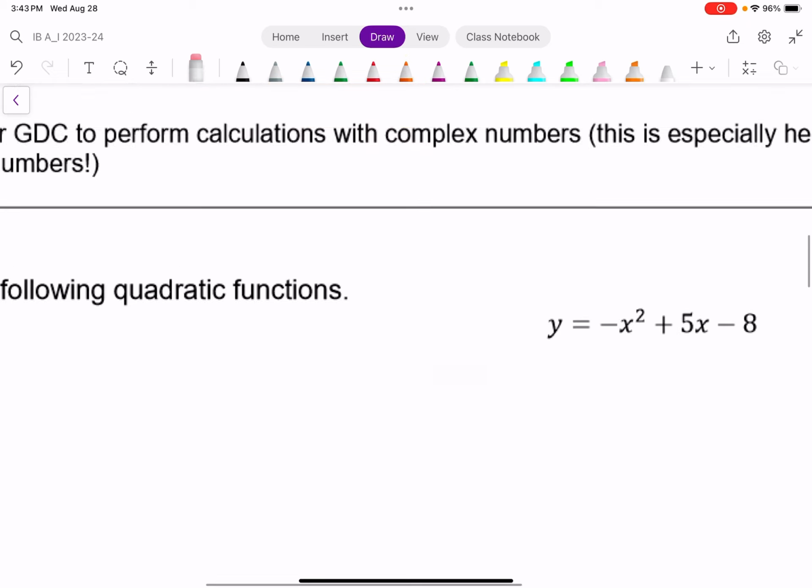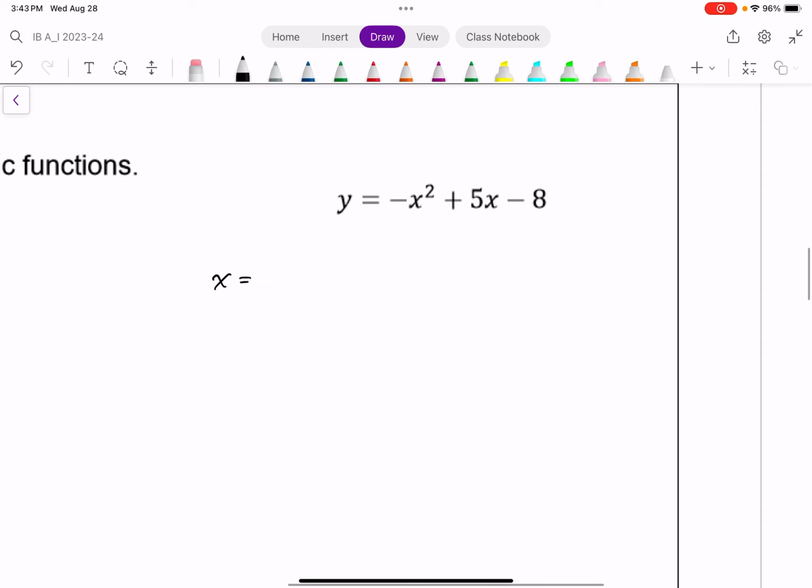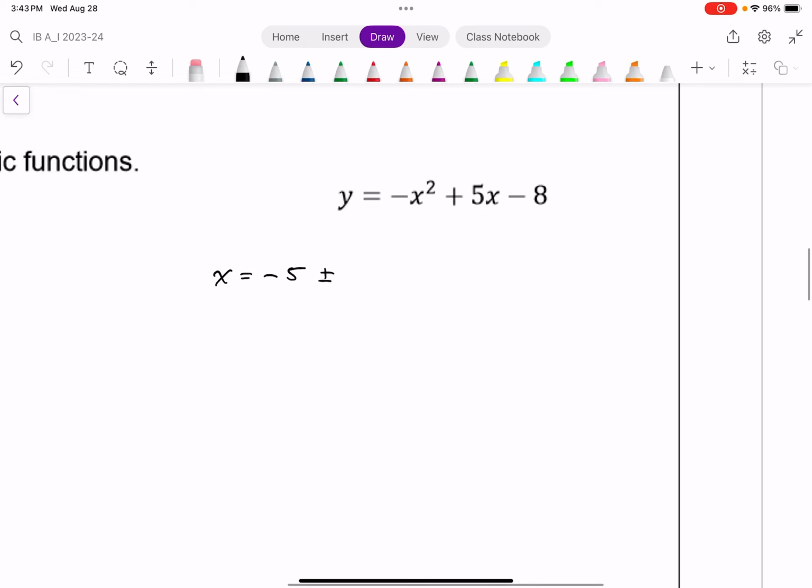All right, and so looking at this here, same idea, go to the quadratic formula, minus b, so -5, plus or minus the square root of b squared minus 4 times a times c, so a lot of negatives going on there, divided by 2a, so -2.